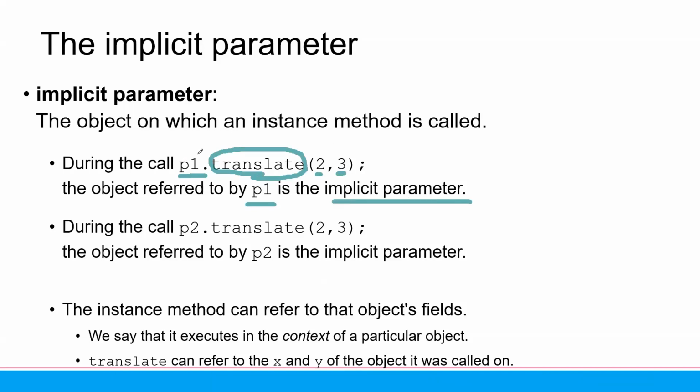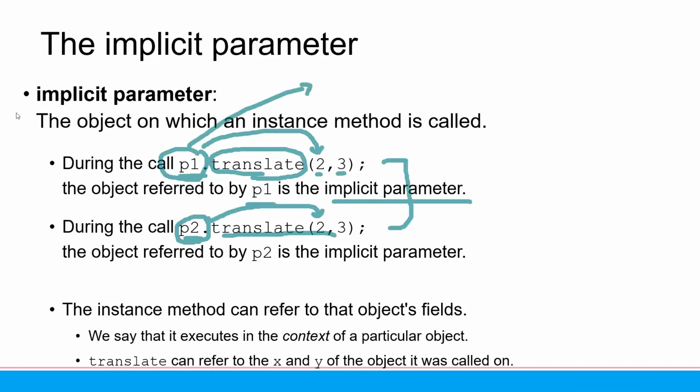We do not have this in the parameter list, but we know that we want to change something in p1. We want to call p2 and translate it by 2, 3. We don't have this parameter, but we know that this is a parameter, though it is not a parameter in this method. We call it the instance, because this is the instance.